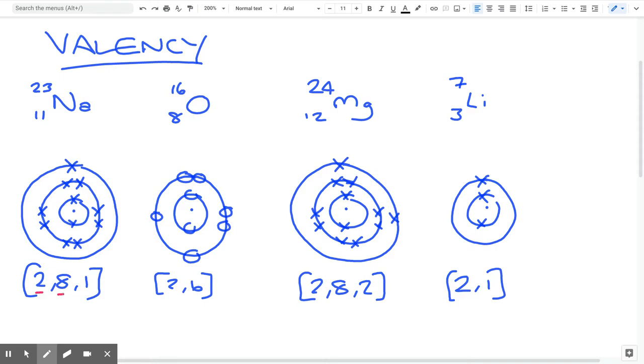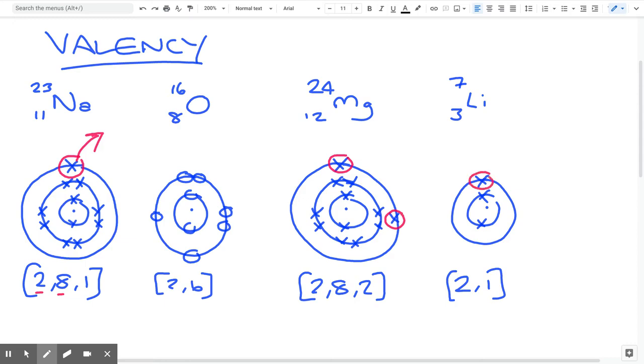And so the easiest way for this to get to a complete shell situation is to lose that one outer electron. Likewise, for magnesium, the easiest way is to lose two electrons, which is the quickest way for it to get to complete outer shells by losing that outer shell.